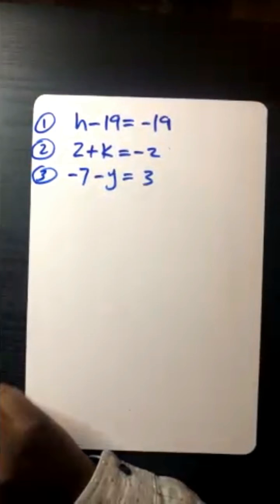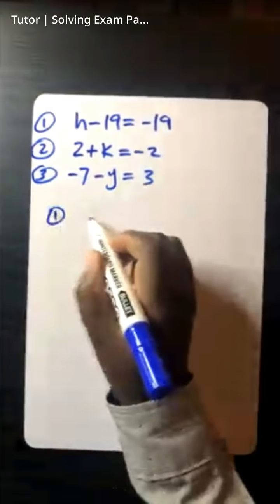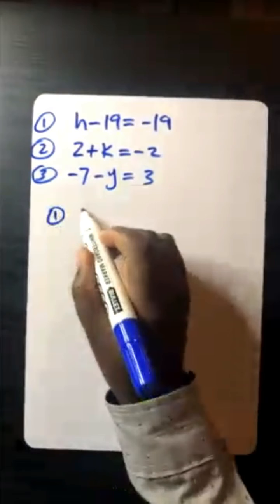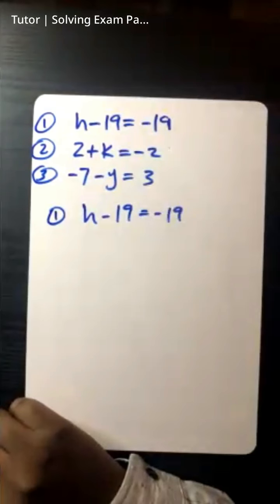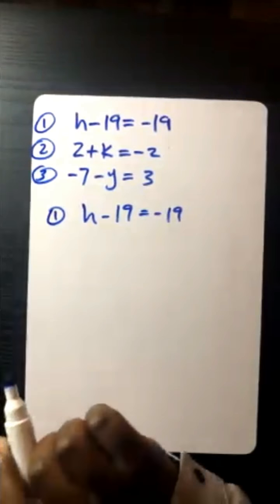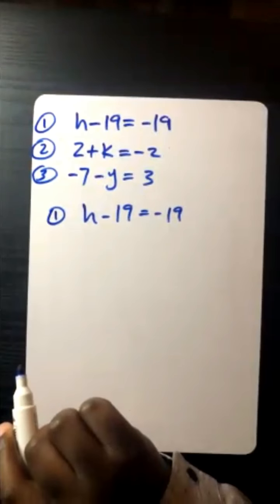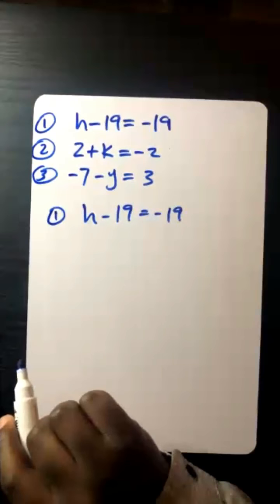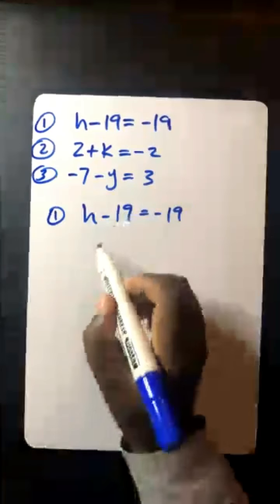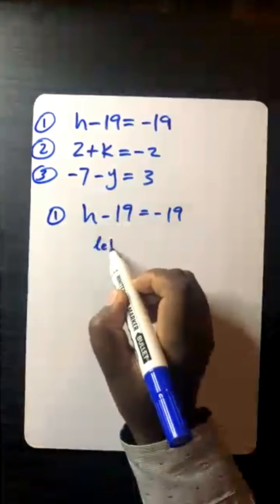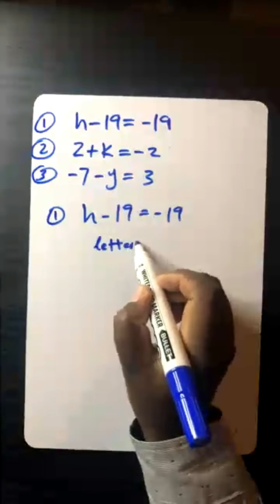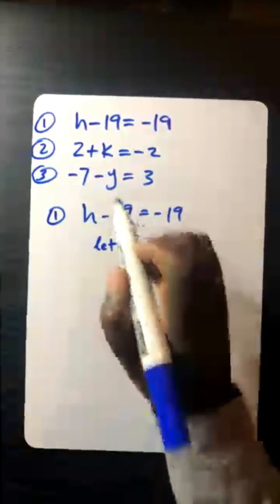Okay, now let's try to solve number 1, which is h minus 19 is equal to negative 19. So Shreyas, let's try to work out this one. Obviously, you want to have letters on the left, isn't it? Letters or a letter.